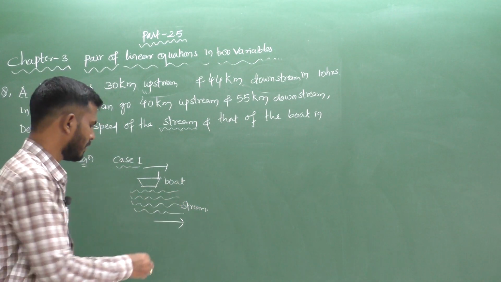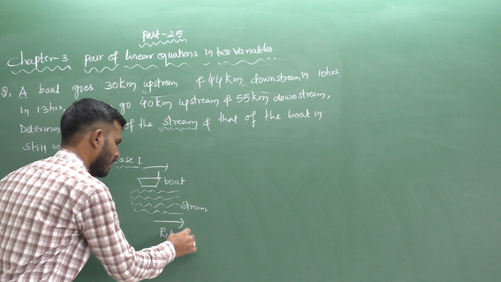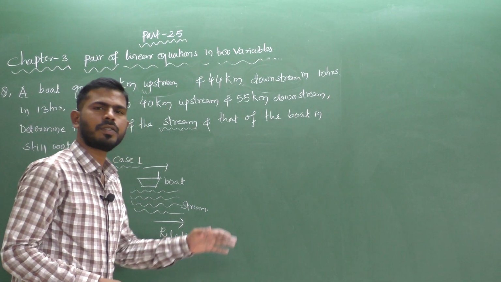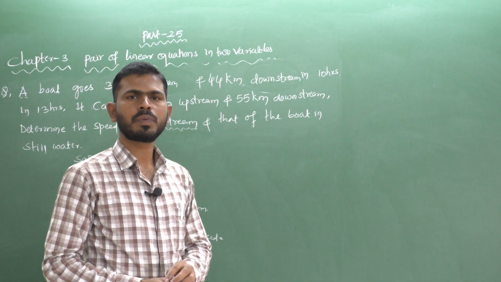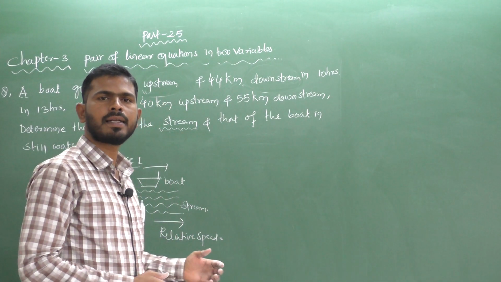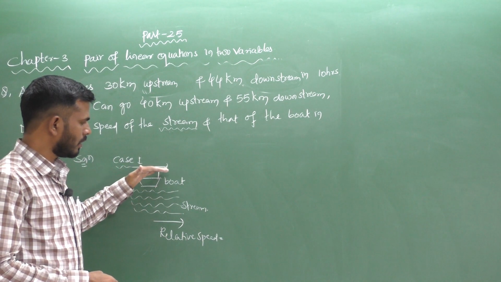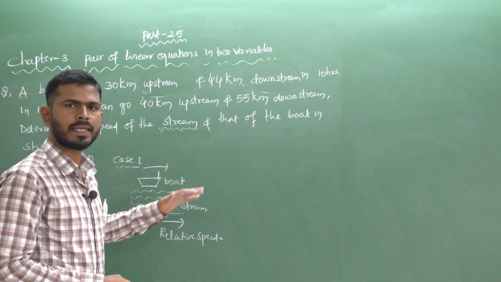Then relative speed means the sum or difference of the two speeds. Here in the first case, the boat and stream are moving in the same direction.